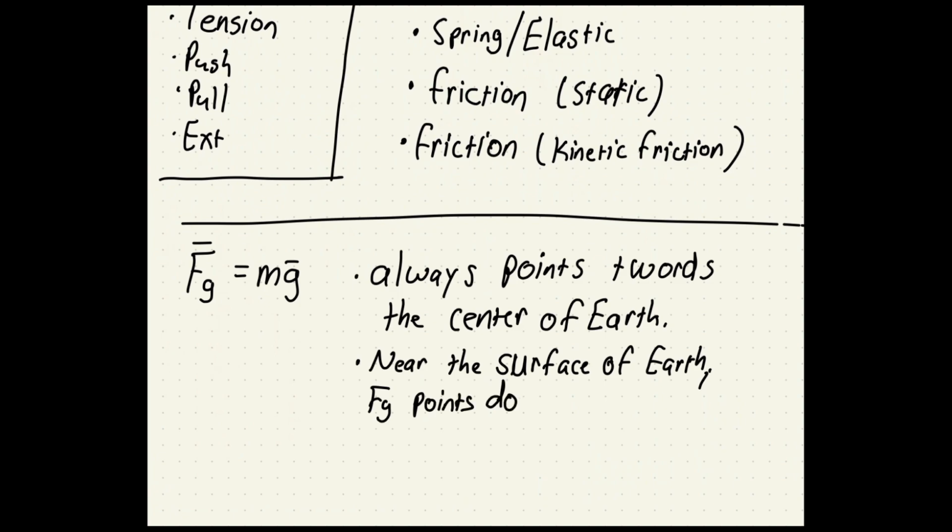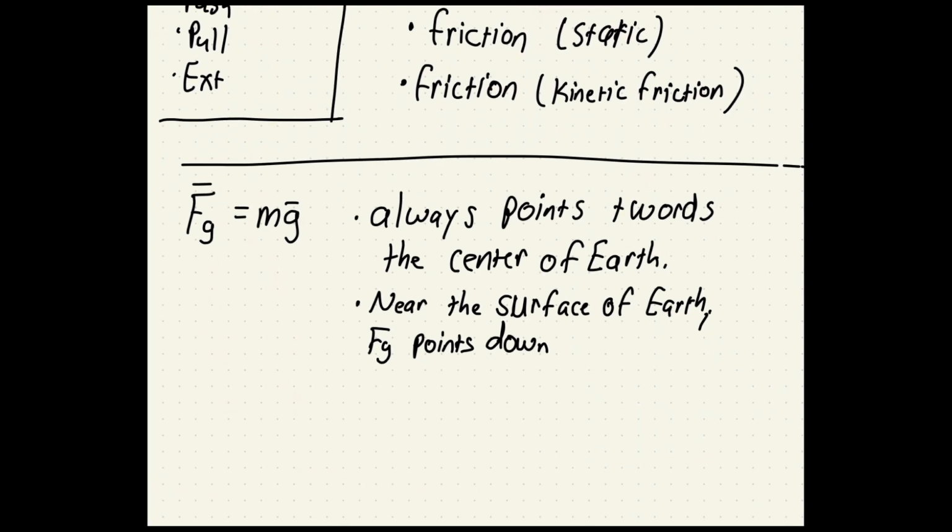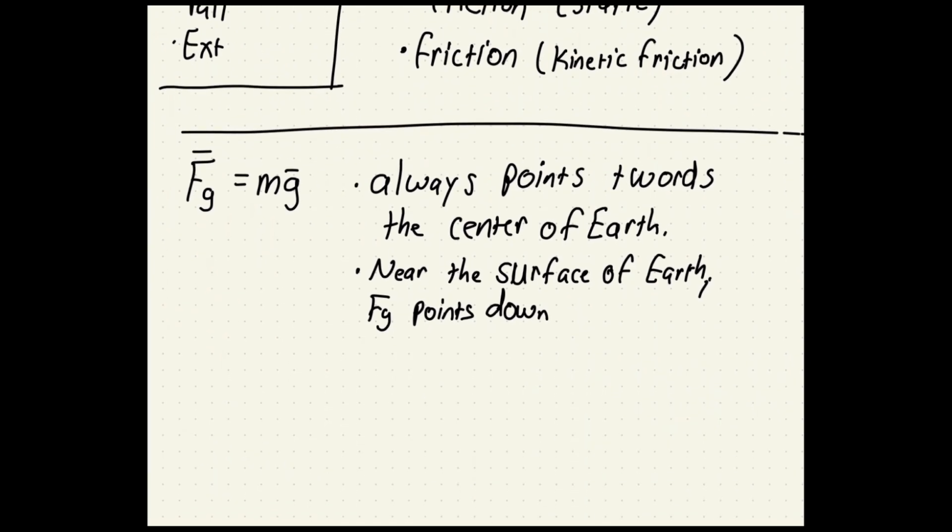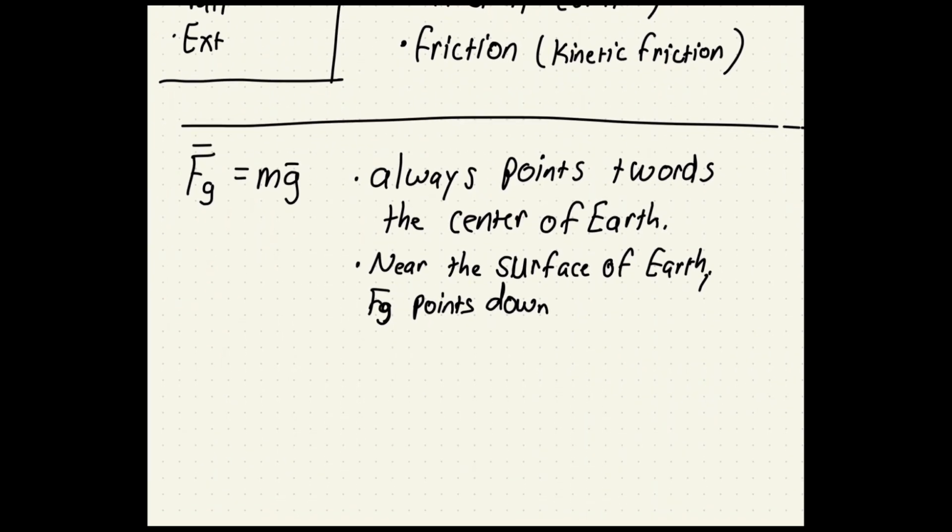And I'm saying it points down, not in the negative y direction. The reason why I'm saying that is because we can certainly say down is positive y if we wanted to. However, it's not often really beneficial to do that, and it kind of goes against our intuition. So a lot of times we'll just say down is negative, but still, it points down all the time.